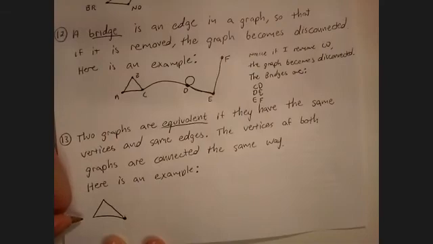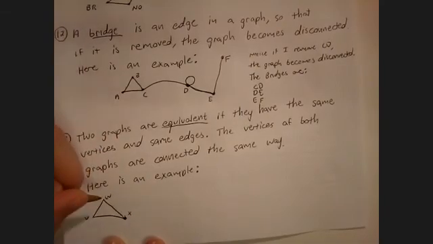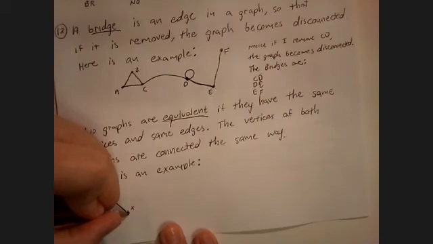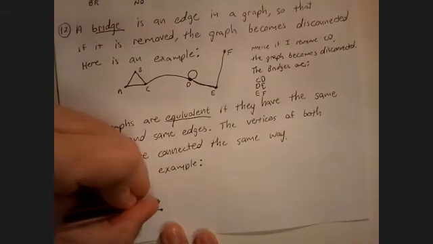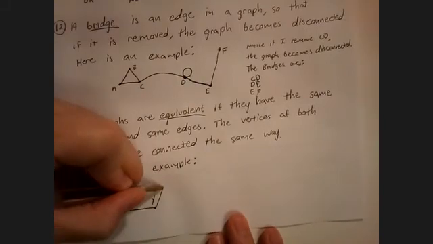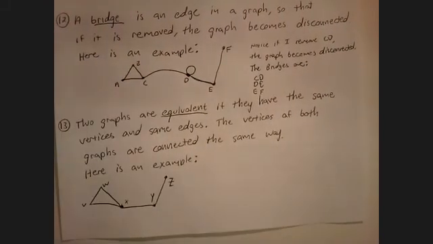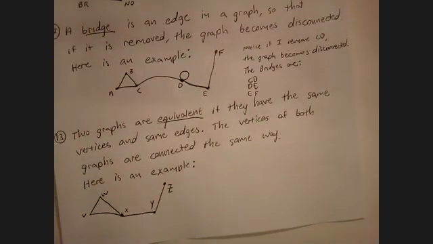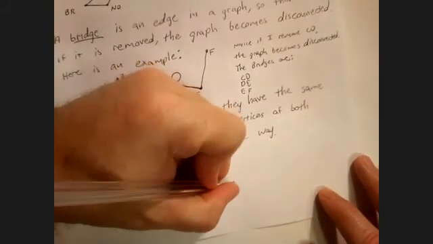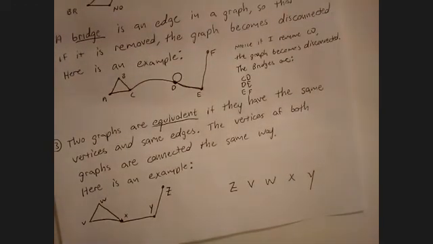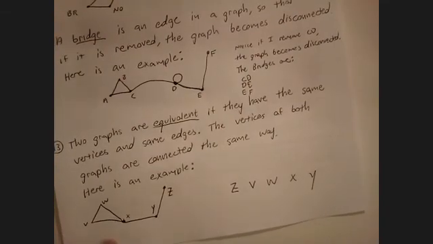Let's see, V, X, W, Y, Z. The homework will do this, by the way. You're going to write the vertices in a straight line. It looks so weird, and it makes me think a little harder, but they might do this. Z, V, W, X, Y. And I'm going to connect these the same way as this.